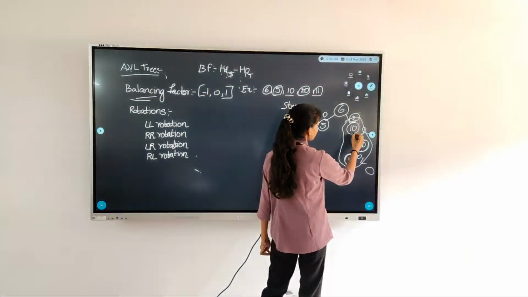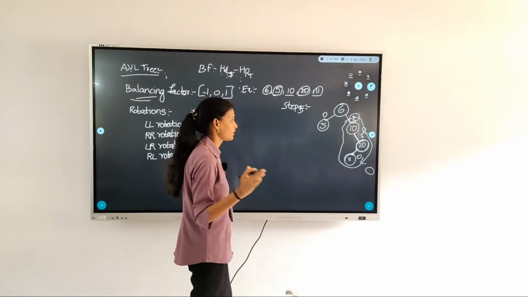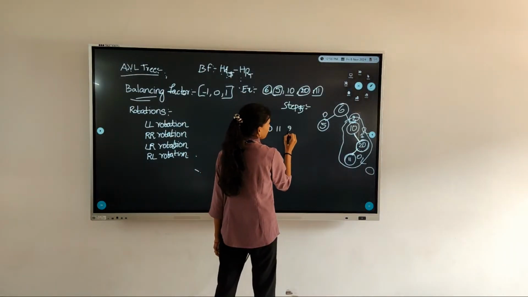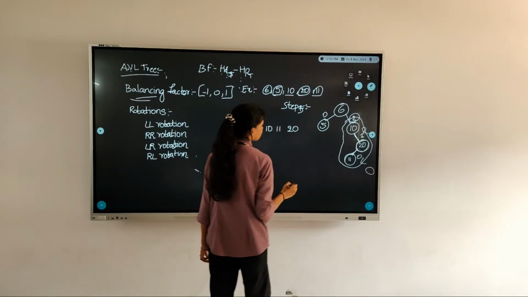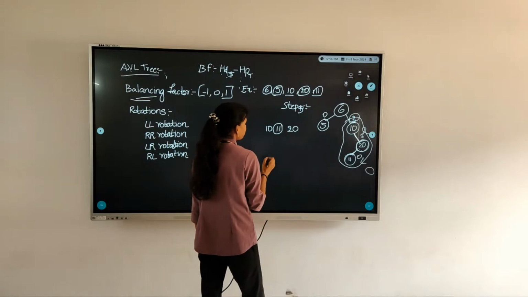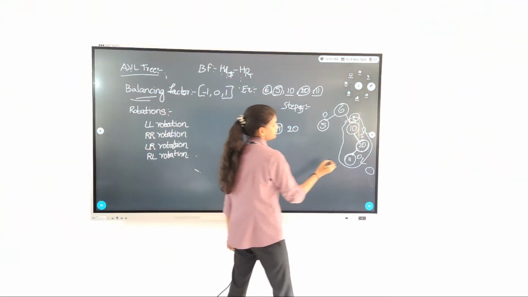And also we want to write these three numbers in ascending order, or increasing order. Here 10, 11 and 20. And here the middle number, which is in between the two numbers, becomes the root node.